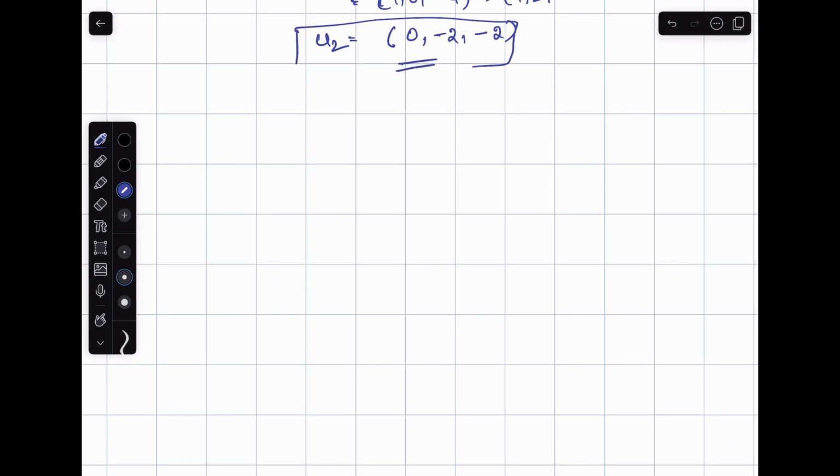Now let us find u3, which is the slightly trickier part. The first thing is u3 is equal to v3 minus the two projections, onto u1 and u2, which we have already found.